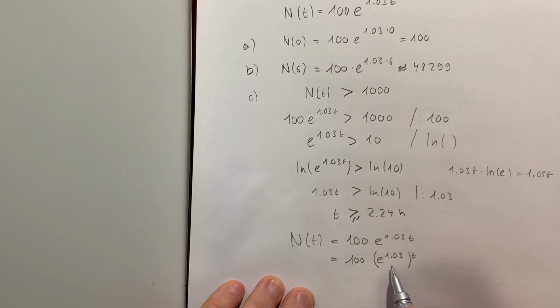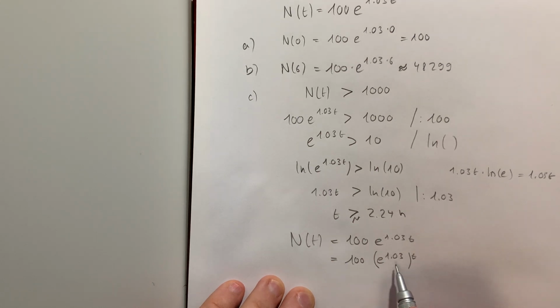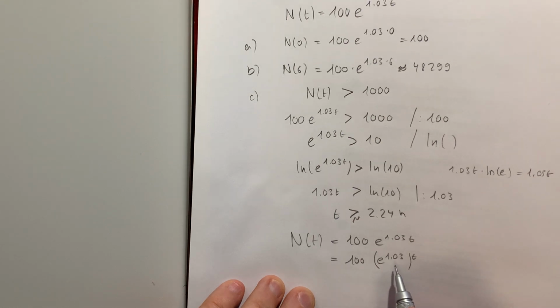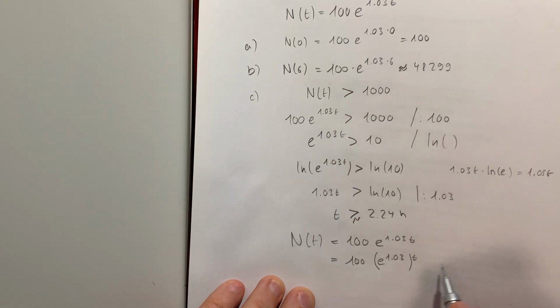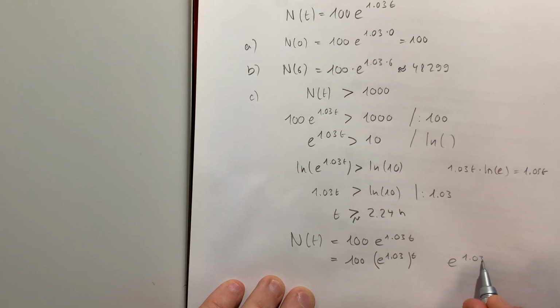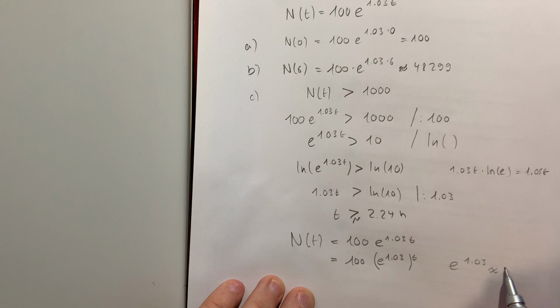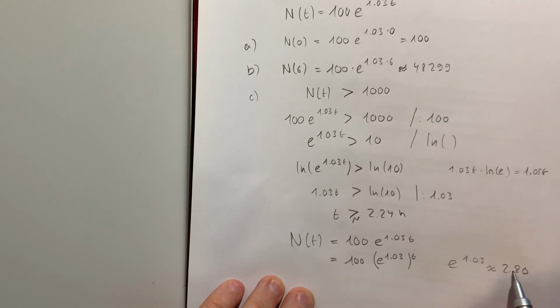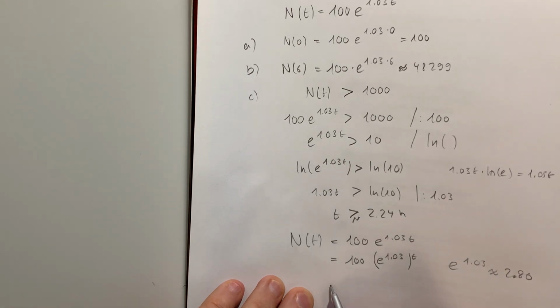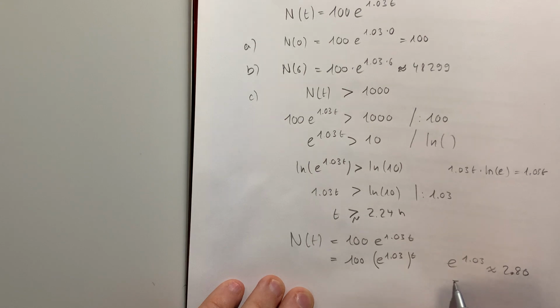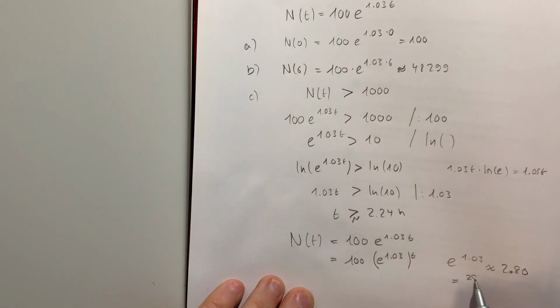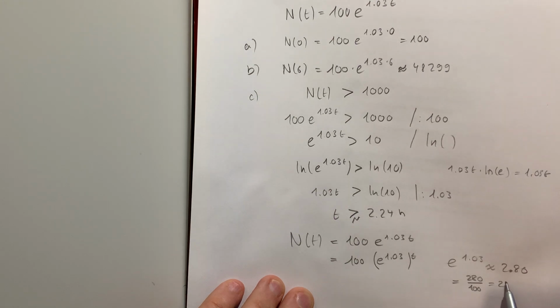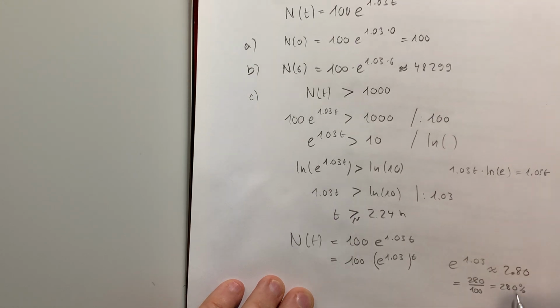But if you write it like this, everything should still be clear. So what's e to the 1.03? Well, it is approximately 2.80. Written in percent or in hundredths, it's 280 hundredths, which is 280%.